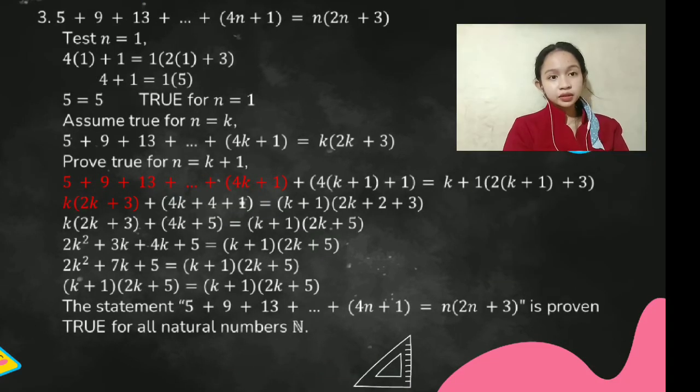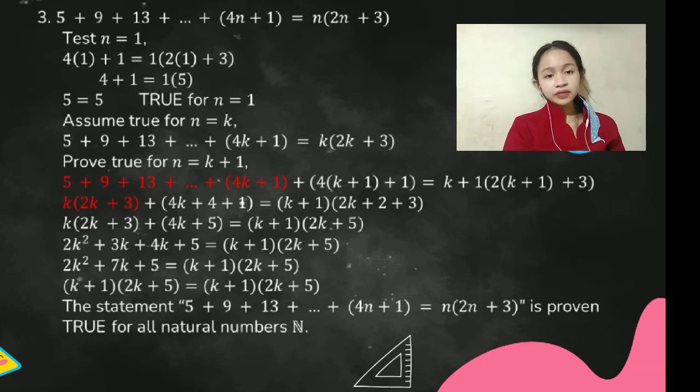Next, let's proceed to example number 3: 5 plus 9 plus 13 plus dot dot dot plus quantity of 4n plus 1 is equal to n, the quantity of 2n plus 3. Test n equals 1. For the quantity of 1 plus 1 is equal to 1 times 2, the quantity of 1 plus 3. 4 plus 1 is equal to 1, quantity of 5.